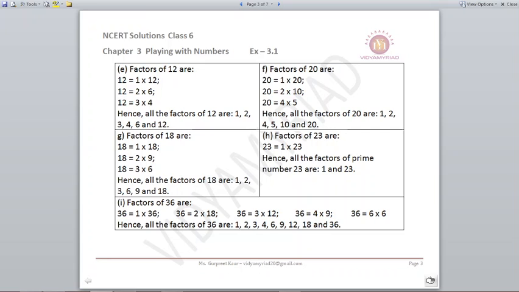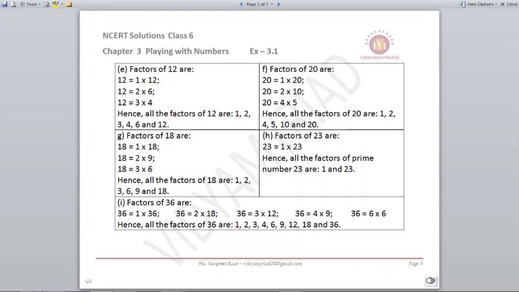Yes, it will come. 6 2s are 12, but I will not write that number again. It is already written. So my factors are 1, 2, 3, 4, 6 and 12. Next, factors of 20. 1 into 20, 2 10s are 20, 4 5s are 20. So the factors are 1, 2, 4, 5, 10 and 20.